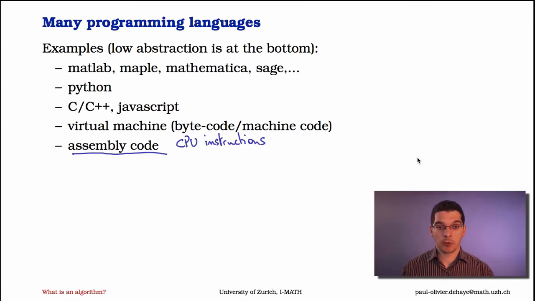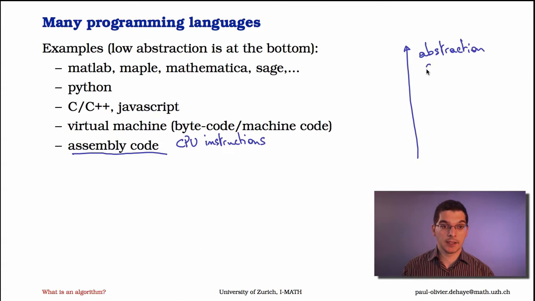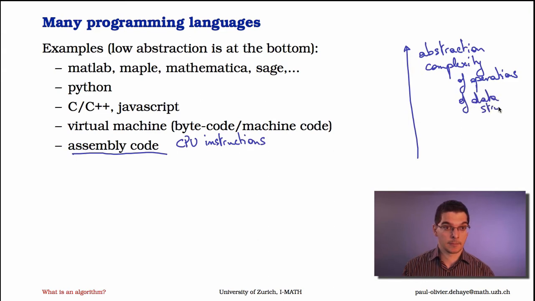And then progressively, if you go up here, the abstraction goes up, or at least the complexity of the structures and the operations. Of operations on the data, and of data structures. So the two go hand in hand. The complexity of those operations and data structures goes up, which allows the abstraction level to go up.